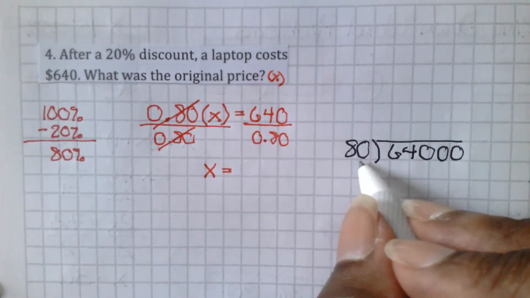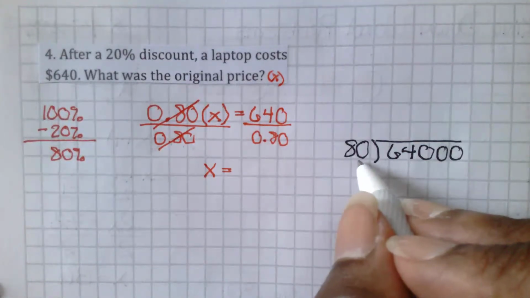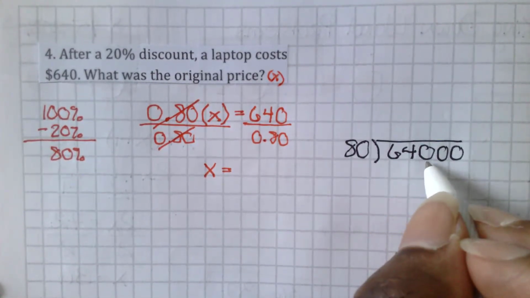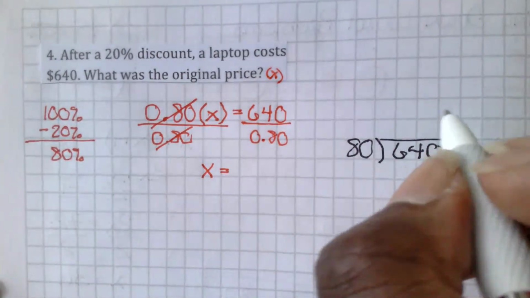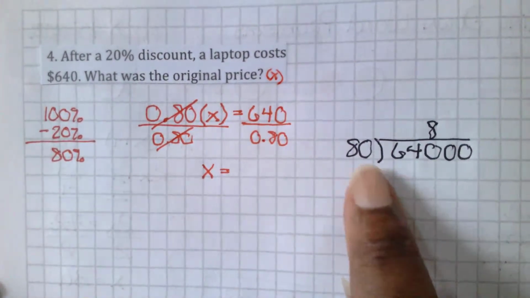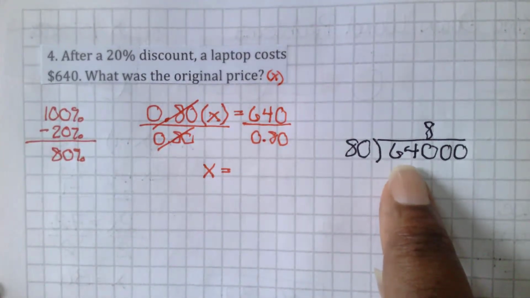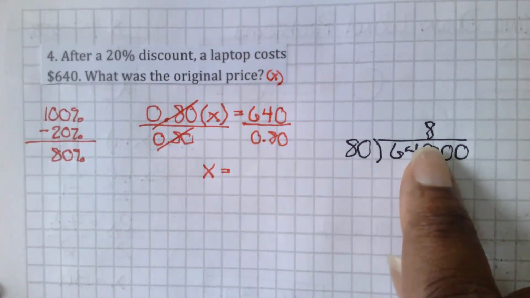So for 80, how many 80s can go into 64? None. But how many 80s can go into 640? That will be 8. Because if you took away those zeros, you would have 8 and 64. So 64 divided by 8 is 8.